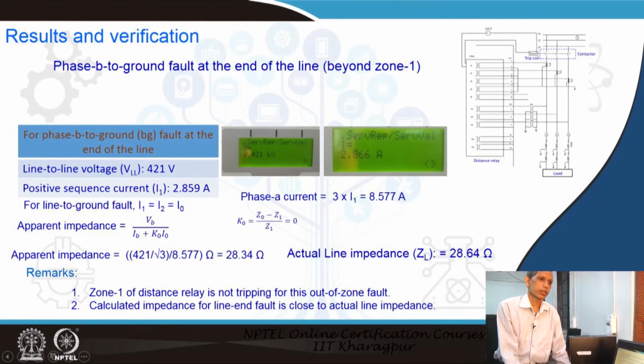So, overall in this experiment we verified the zone 1 fault, in-zone fault and out-of-zone fault. We created faults for zone 1 only and we tested that the relay performs correctly for all the situations for the zone 1 setting and the corresponding faults.